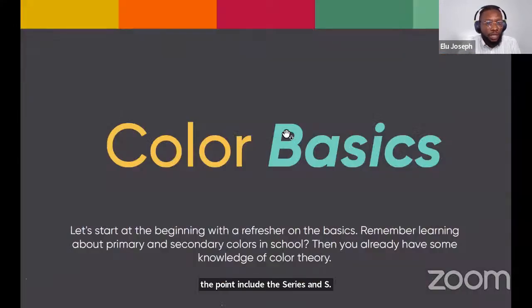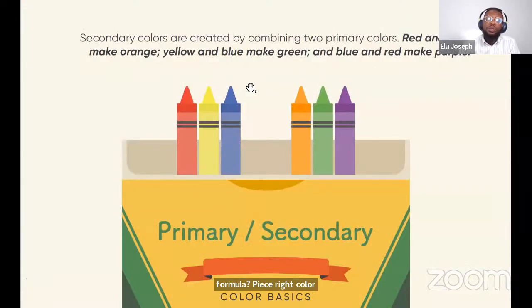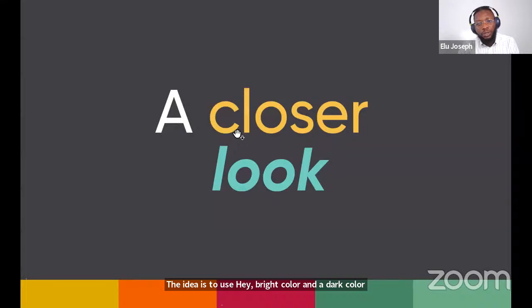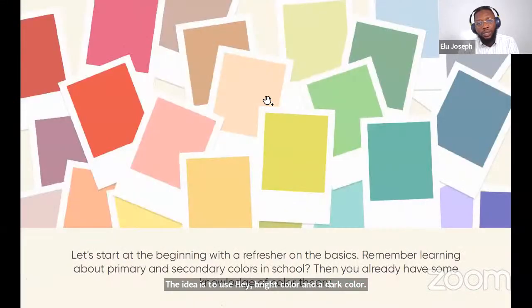Peter Abiodun says, talking about bright color, what formula fits bright color? The thing is not to use bright colors everywhere. The idea is to use a bright color and a dark color. Check the color wheel. You see that these colors complement themselves.